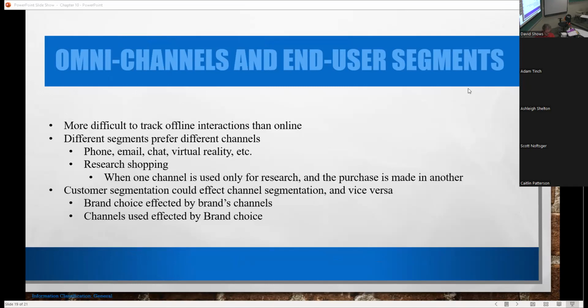So the last thing we're going to talk about is segmentation and talking about the omni-channel. The omni-channel has basically made segmentation that much more difficult.